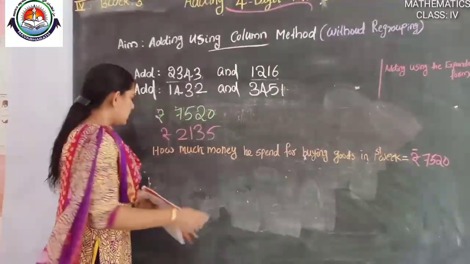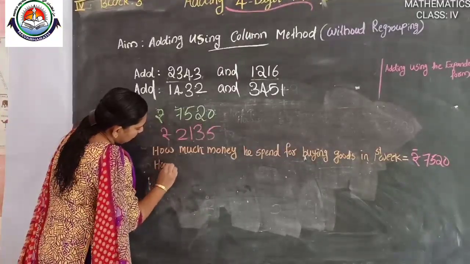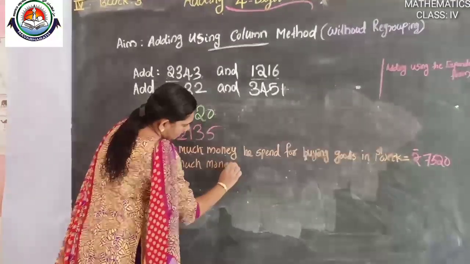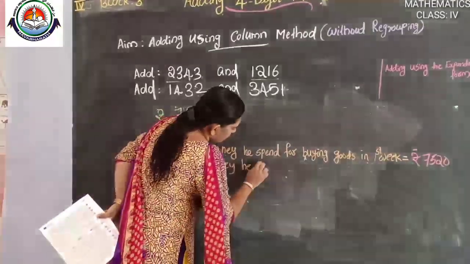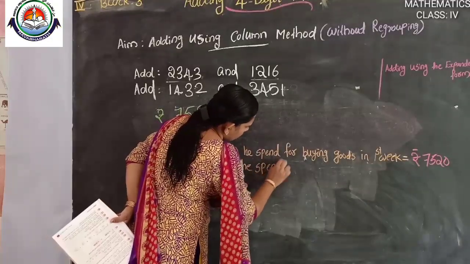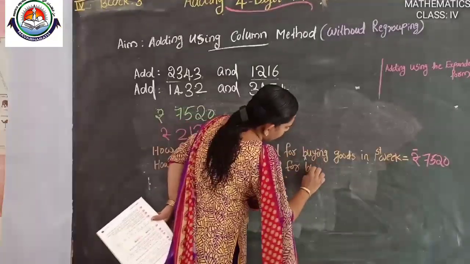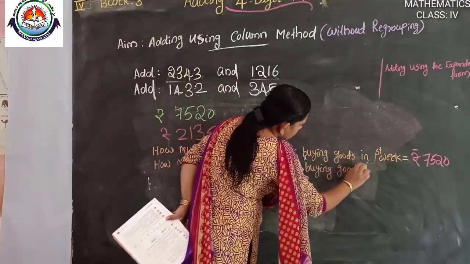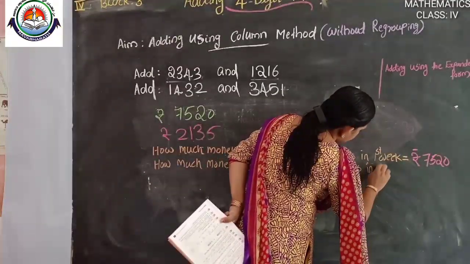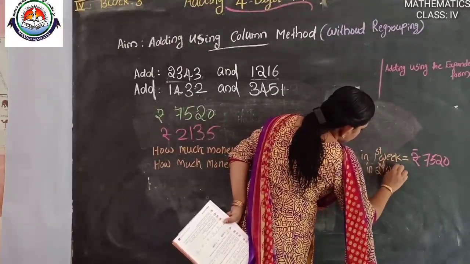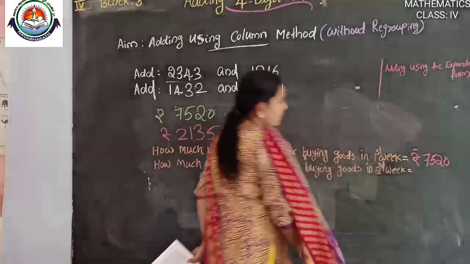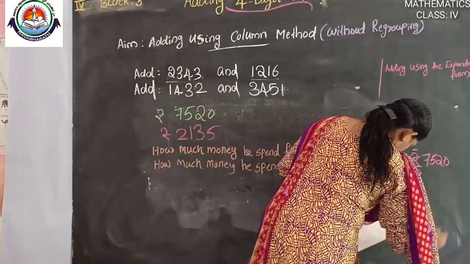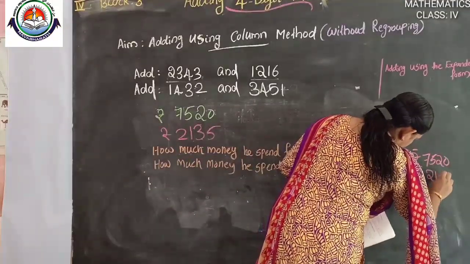7,520. Then second, how much money he spent for buying goods in second week. How much money? Rupees 2,135.